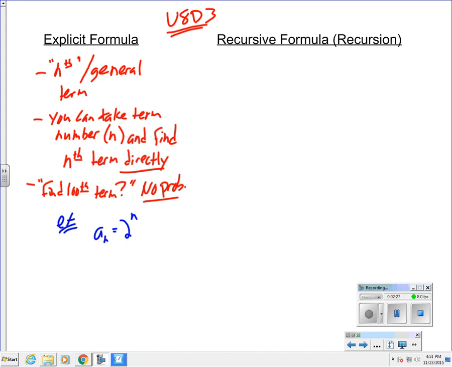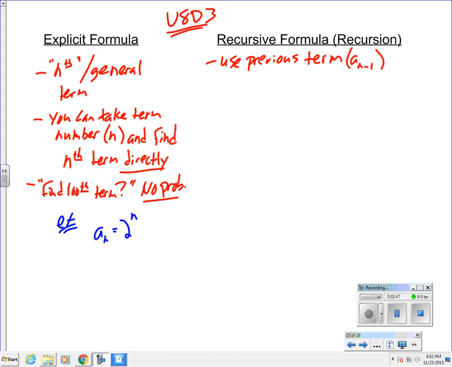So a recursive formula or recursion equation is different. It uses the previous term to find the next term. The previous term is what we call a n minus 1 using our sequence notation.